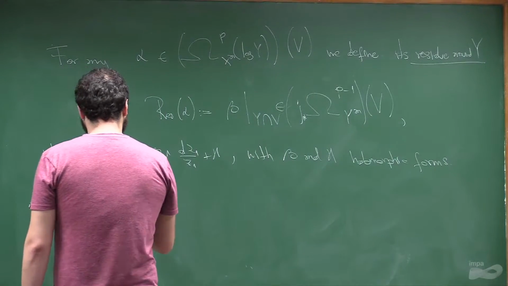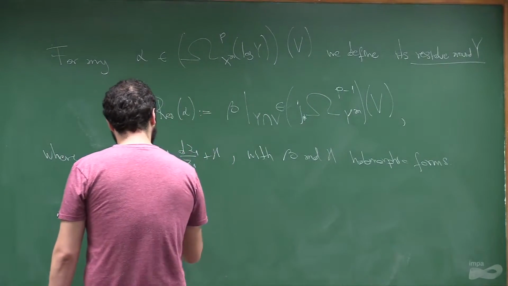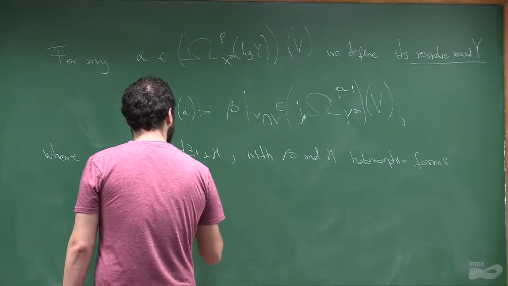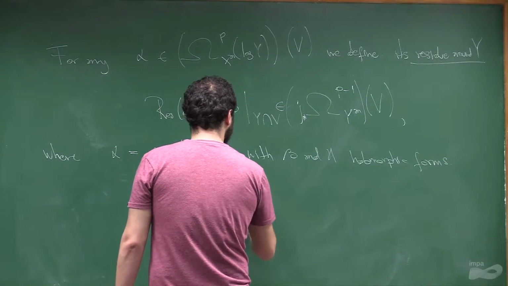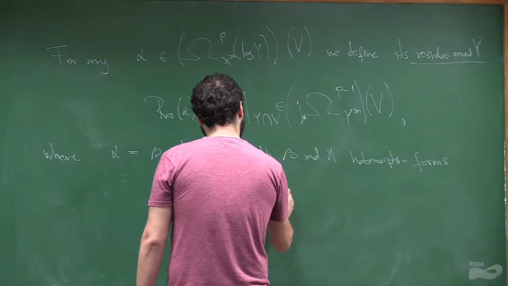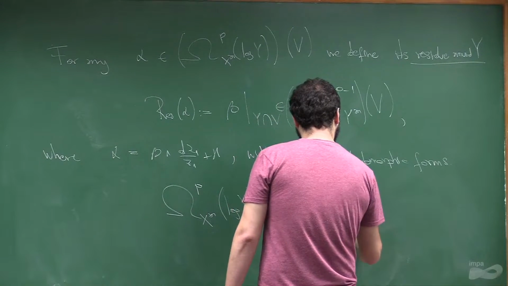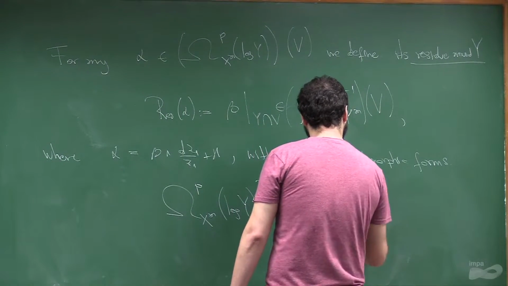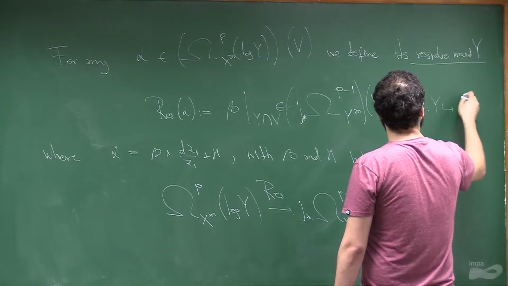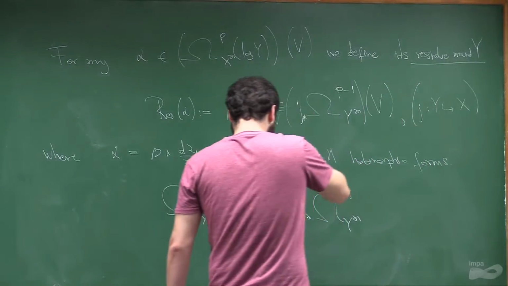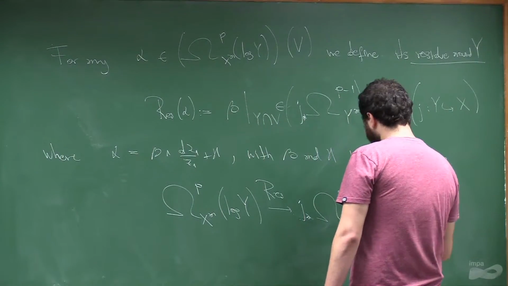Okay, so this gives us a morphism of algebraic sheaves, right? So we have here the residue map that goes from, well, not analytic sheaves, right? Here, well, j is the inclusion, right? Okay, so we have this map, and this map is in fact surjective.